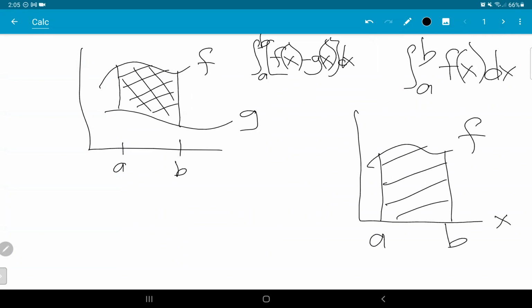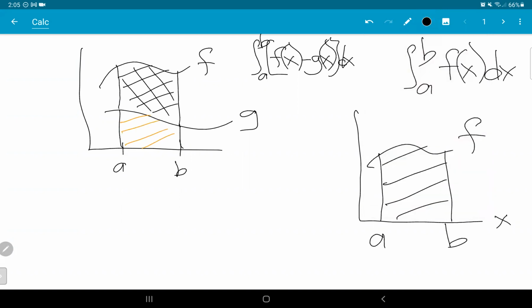And you can think of this region as a difference of two areas: the region under the curve F minus the region under the curve G.